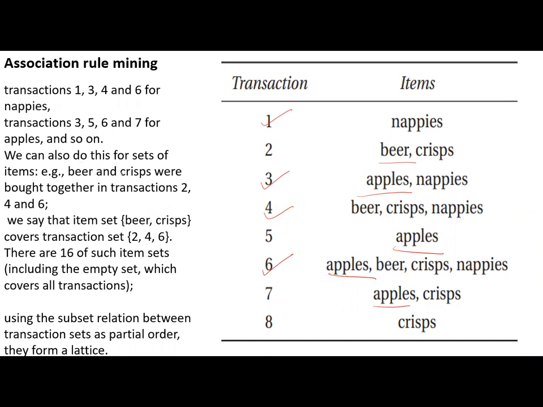We can also do this for sets of items, my dear friends. For example, beer and crisps together. Beer is in transaction 2, 4, and 6.